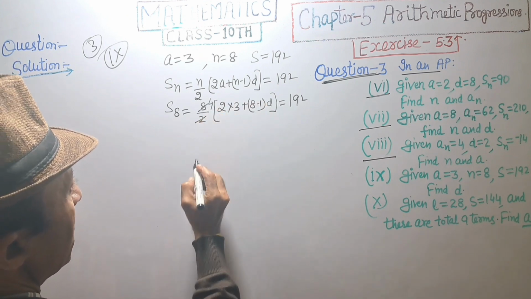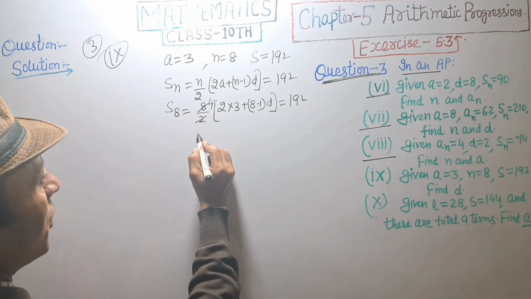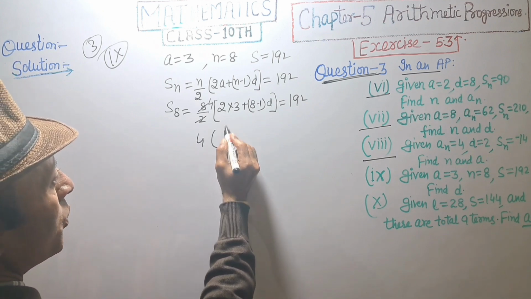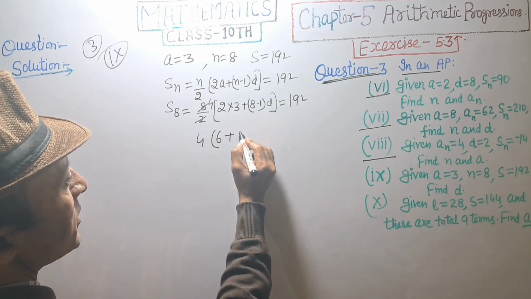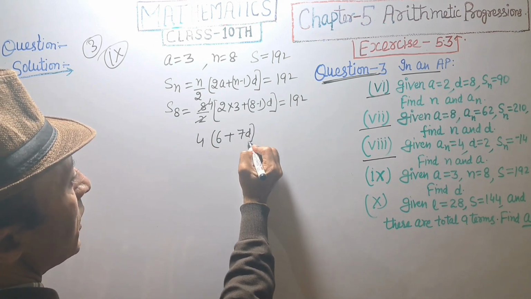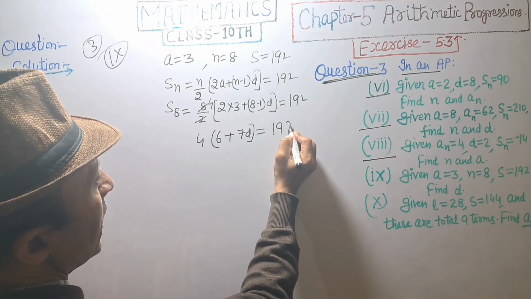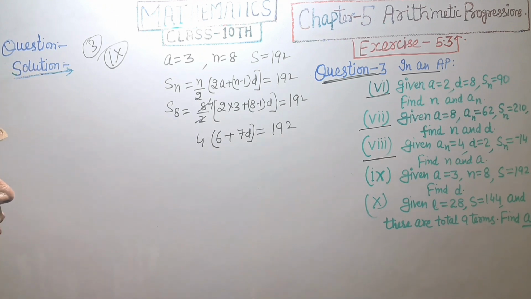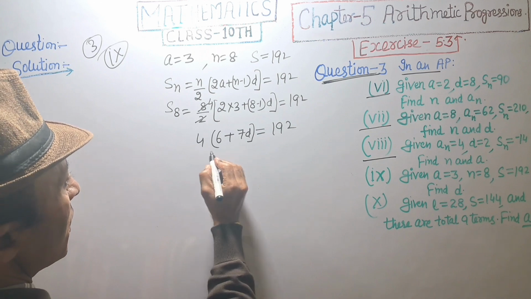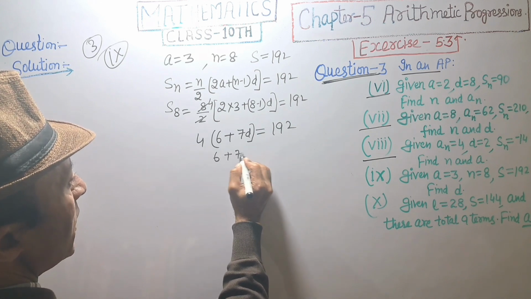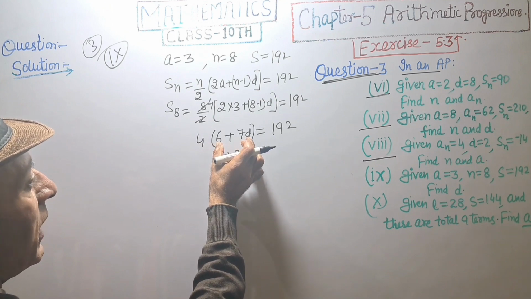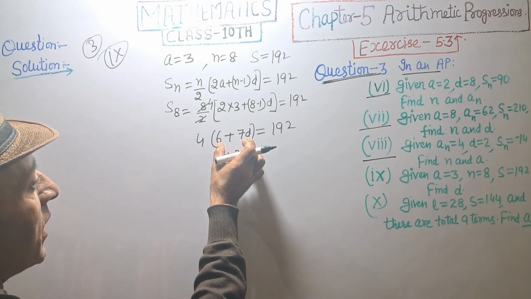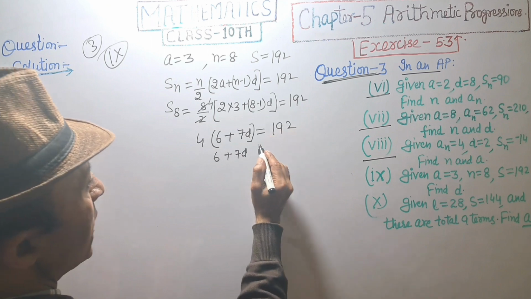2 4s are 8. 4 into 3 2s are 6, plus 8 minus 1 is 7d, is equal to 192. 6 plus 7d, 4 multiplying on the left side, but it divides on the right side.